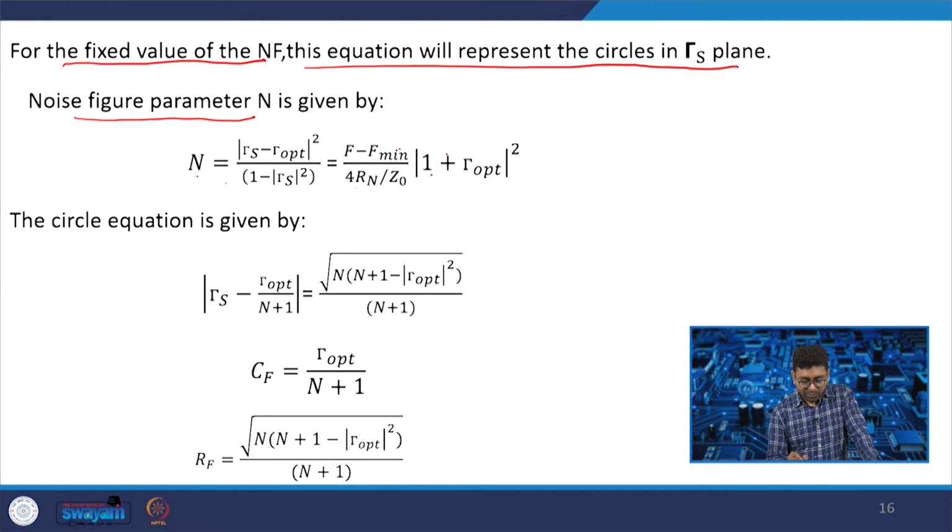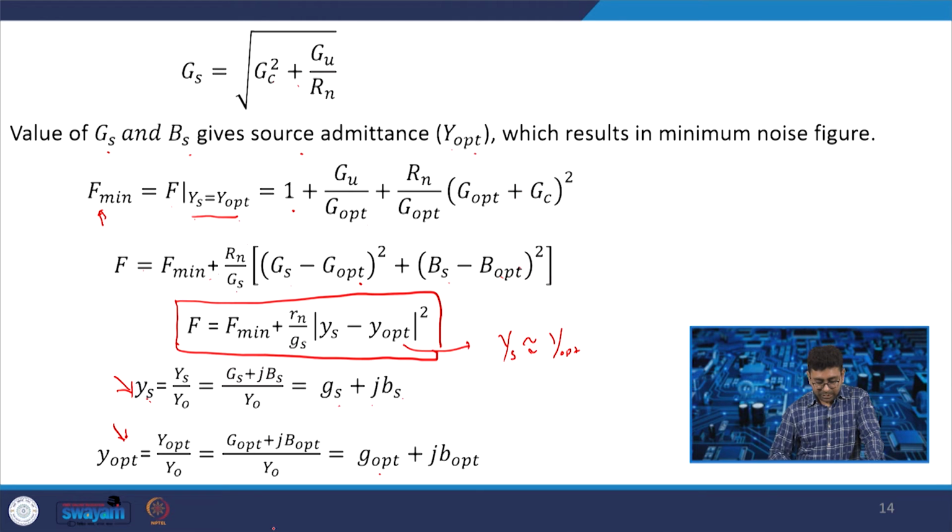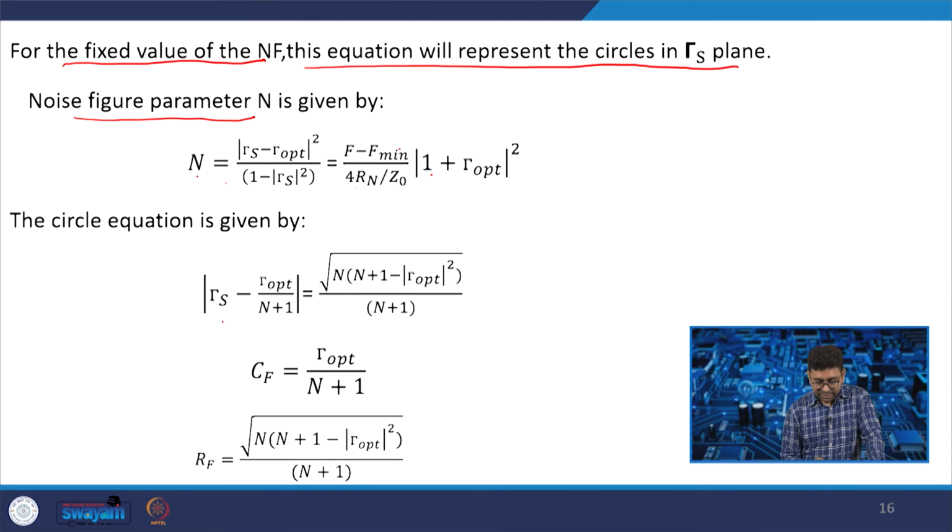If you put N in this equation, you will get the circle equation, where gamma s minus gamma opt by N plus 1, and the radius is given by the square root of N plus 1 minus gamma opt square, by N plus 1. So, here the center of the circle is given by gamma opt by N plus 1. So, what is the gamma opt?